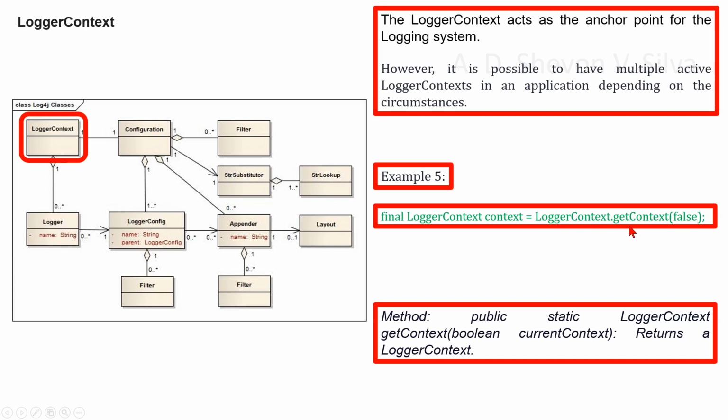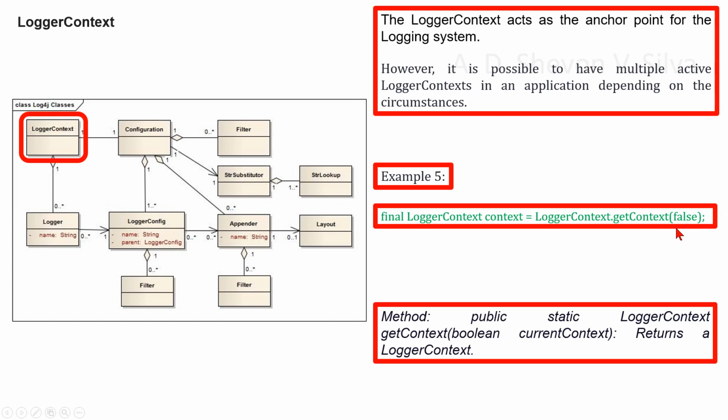Here you can see in this example the method in LoggerContext, the method public static LoggerContext getContext(boolean currentContext). This returns a LoggerContext. Here, for currentContext, if false, the logging context appropriate for the caller of this method is returned.